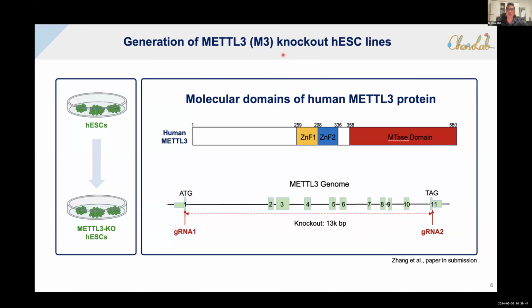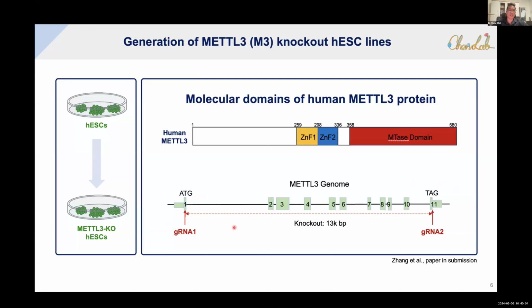So we made knockout ESC lines using CRISPR-Cas9. In order to exclude the possibility of redundant function or other incomplete loss of function, we knocked out the whole genomic region of METTL3 by using a pair of gRNAs.